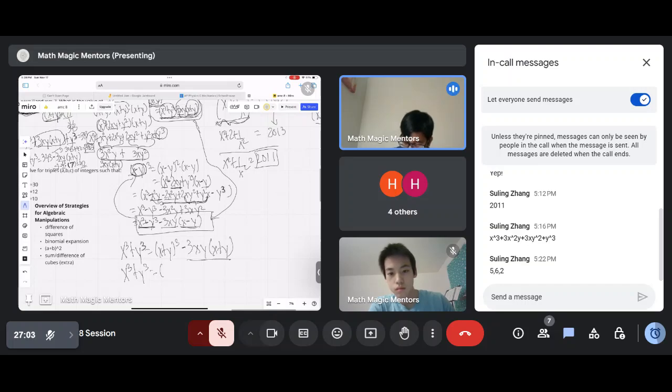So now that we've established this, we can actually see that we can make this expression a lot simpler, right? So if we want to do that, we get x plus y times x plus y squared minus 3xy.